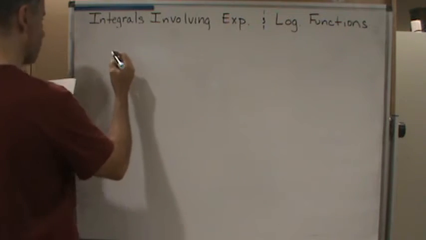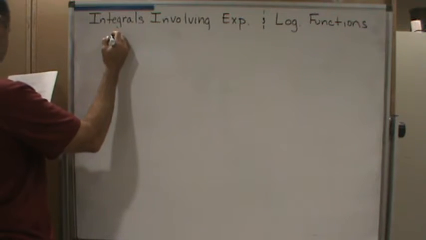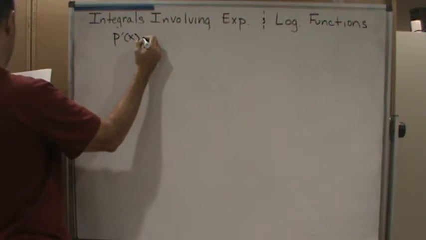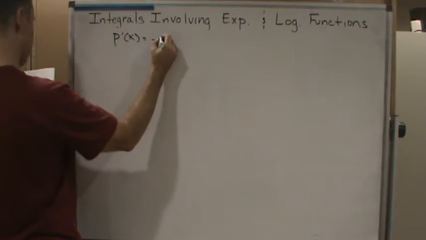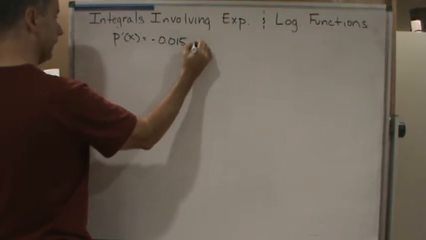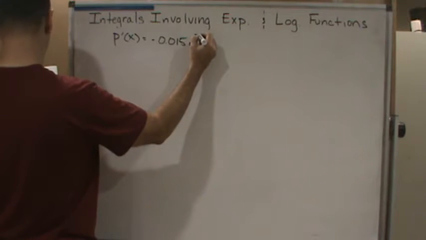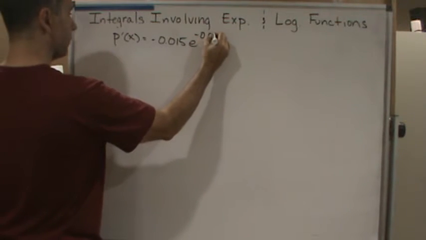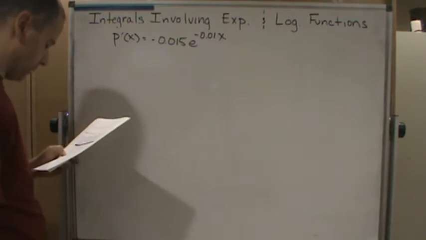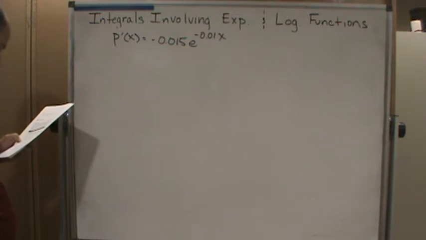So this is the marginal price demand equation. P prime of x is equal to negative 0.015 e to the negative 0.01 x. And x represents the number of tubes per week.